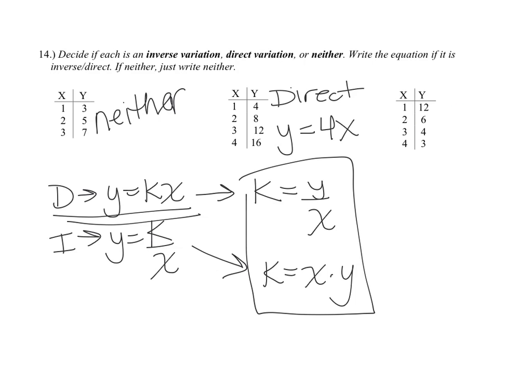Did I get a constant? Yes, I got a constant by multiplying, right? So remember, that goes with inverse variation, right? If you take these equations and plug them in for x and y, every single time you're going to get 12 for k, right? So here your constant is 12. So this is inverse, and the equation is y equals 12 over x.